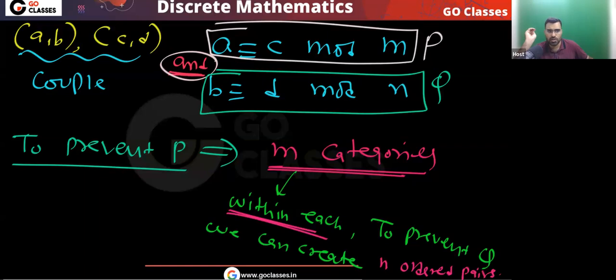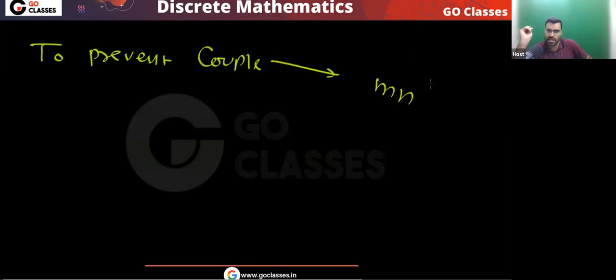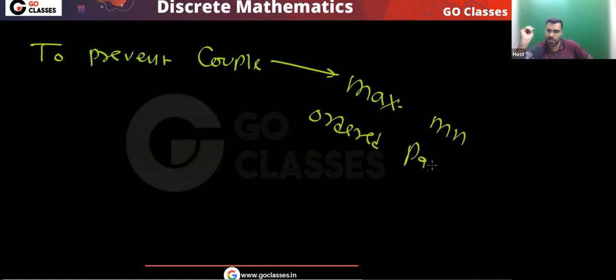Simple. Okay. So finally, I can say that if you want to prevent this couple, then maximum mn ordered pairs can be created. Maximum these many ordered pairs we can create.